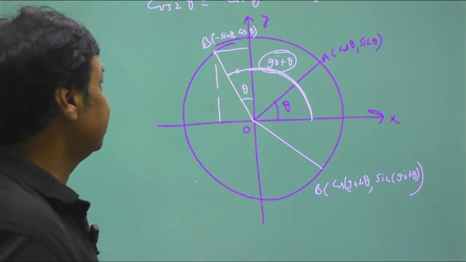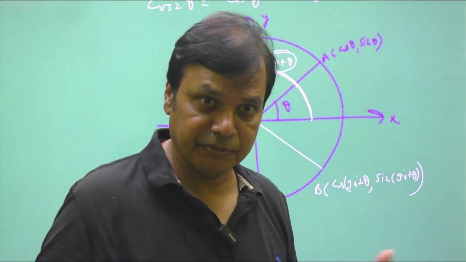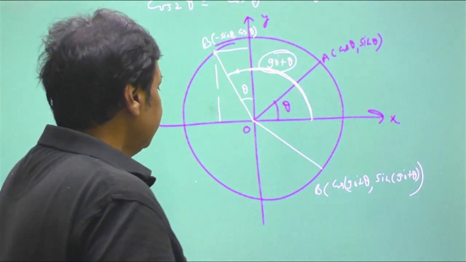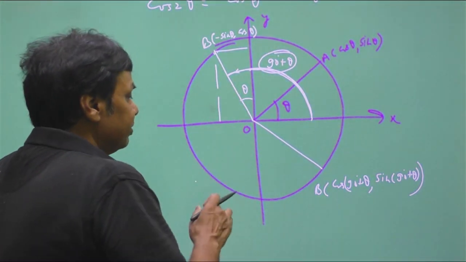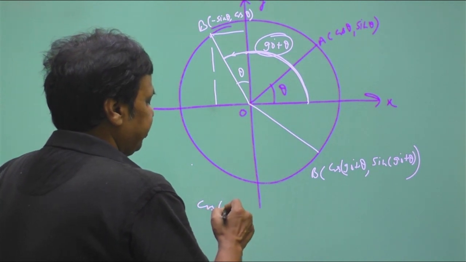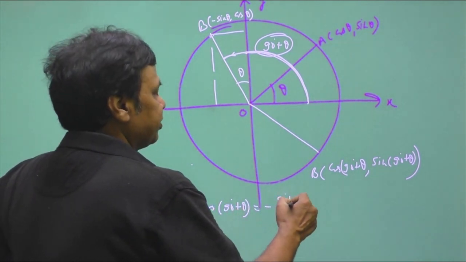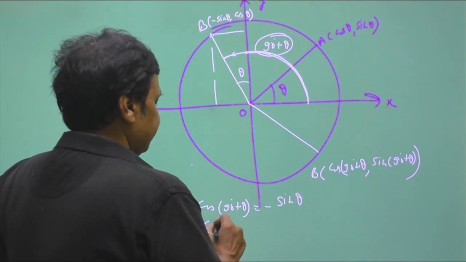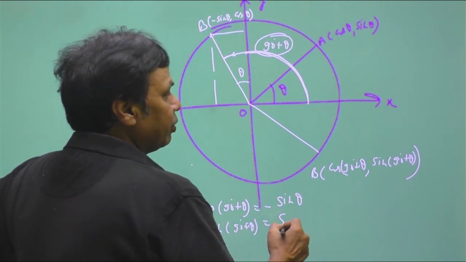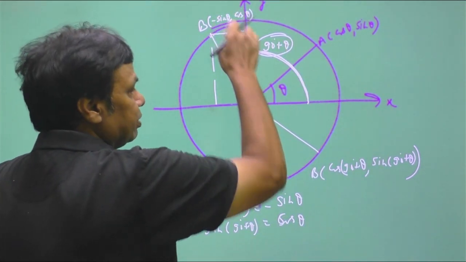And if you compare the coordinates of B written in two different manners, you must agree that cos 90 plus theta is equal to minus sin theta, and sin 90 plus theta will be equal to cos theta. Compare this.